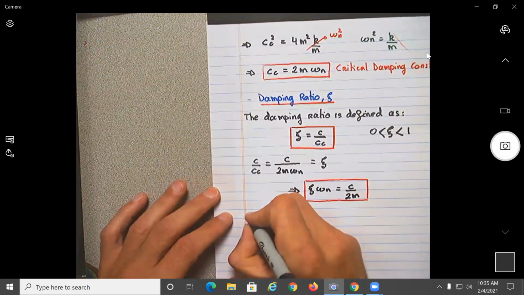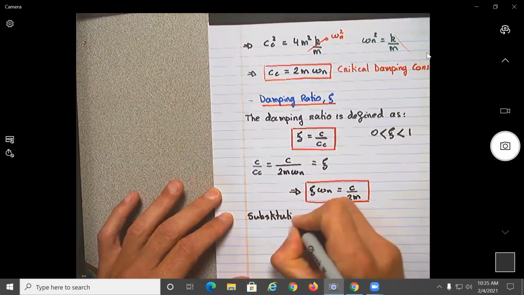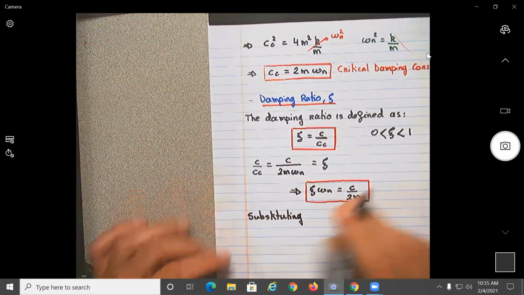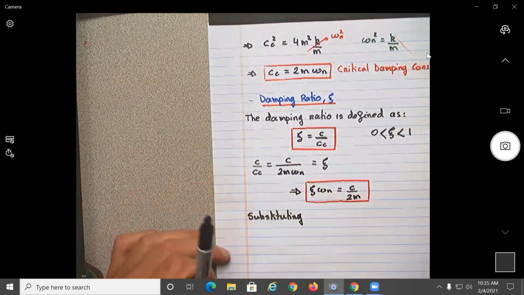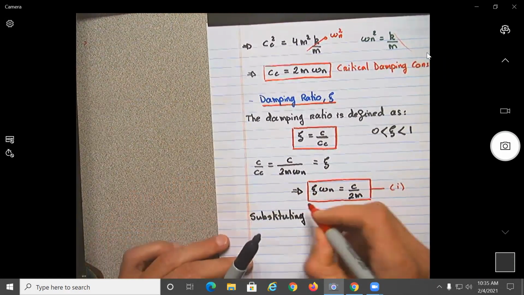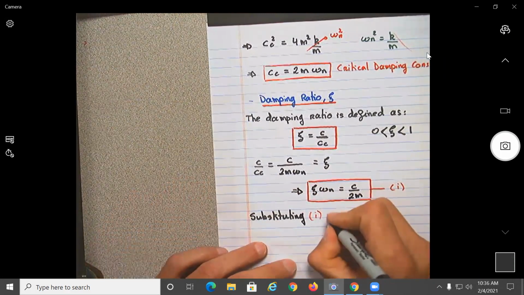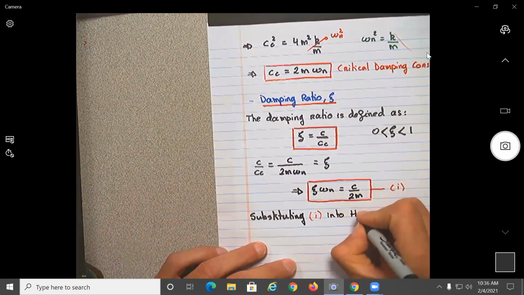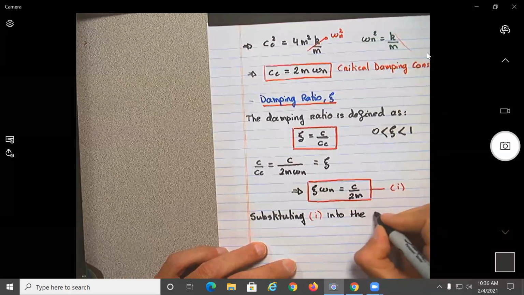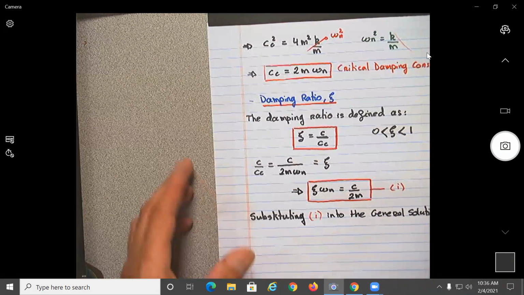So substituting, let's say here, Roman 1 into the general solution x of t.